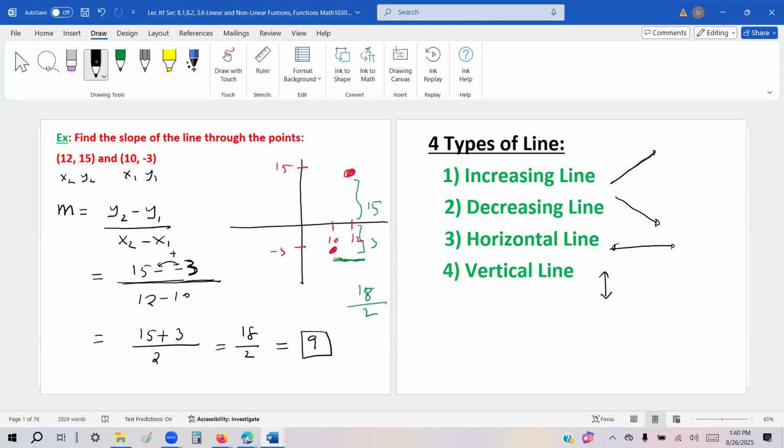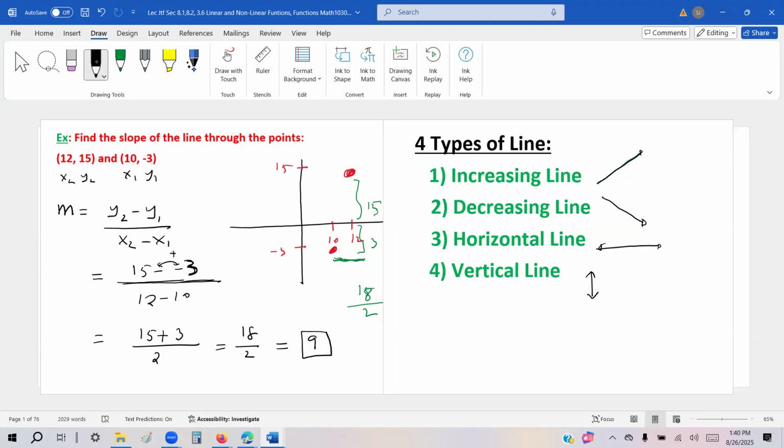No, right? You have to go straight up or down. So if you cannot walk from your left to the right, you cannot have a slope. In order to have a slope, you have to walk from left to the right. So these 3 types of line have slope. Only this line doesn't have any slope. That takes us to the next slide.